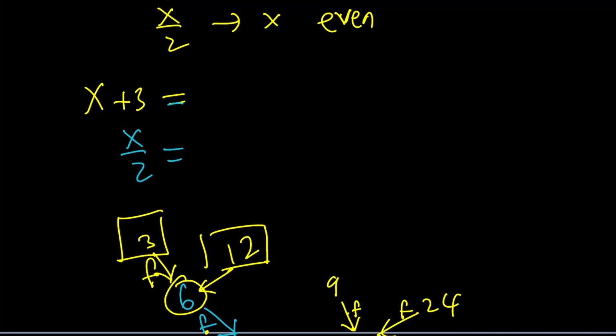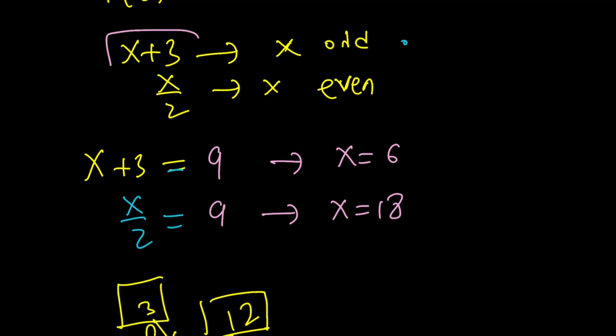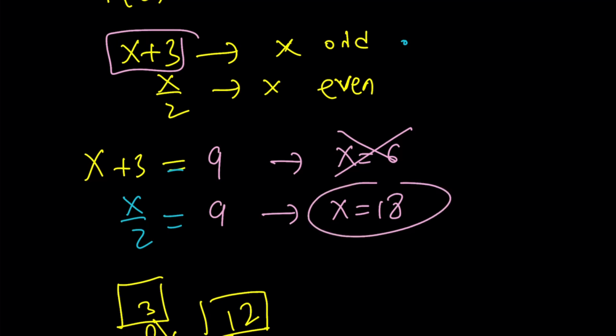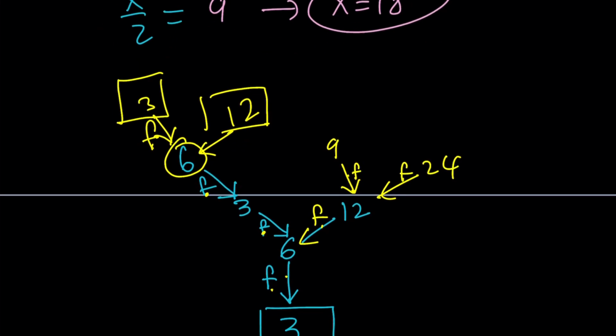If you set them equal to 9, you're going to get 9 here and 9 here. This is going to produce x equals 6, and this is going to produce x equals 18. But remember, the top definition, x plus 3, is only valid for odd numbers, but 6 is not odd, so this is invalid. So the only number that will work in this case is 18, which means 9 can only be coming from an 18.